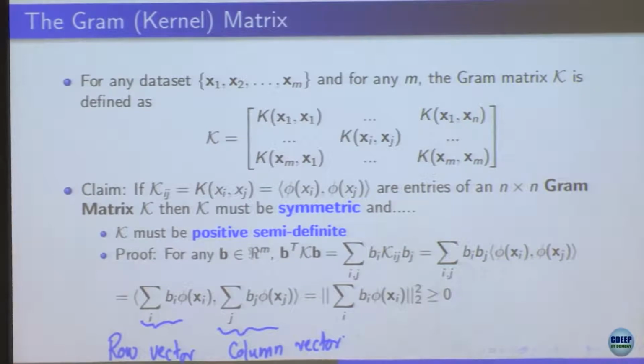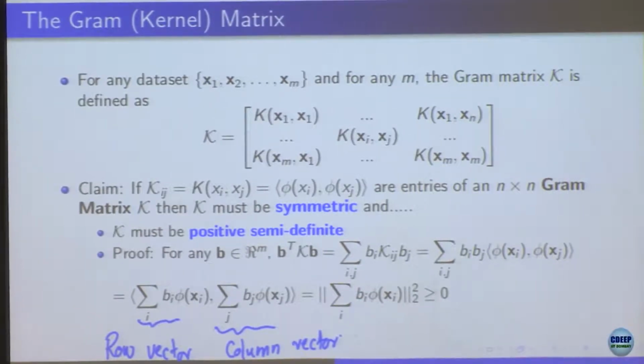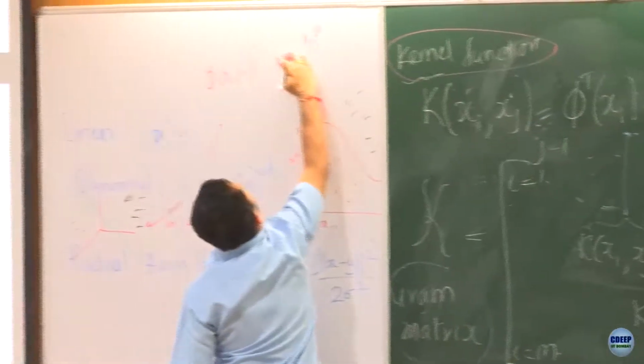Now if I give you a positive semi-definite K, in the sense of calligraphic K, can you show that there exists some phi? I give you this matrix, it's symmetric and positive semi-definite. Can you reconstruct the phi? That's what we did for the case of (1 plus x transpose y) raised to d. What did we do there? We showed that phi of x_i is 1, x_i1, root 2 x_i1, and so on, with x_i1 x_i2.